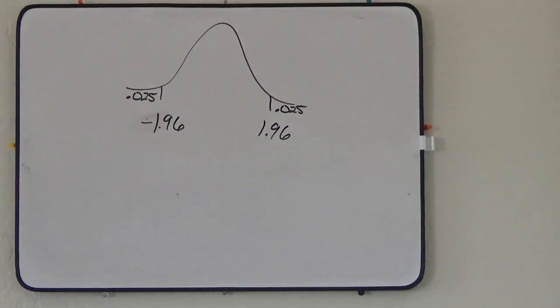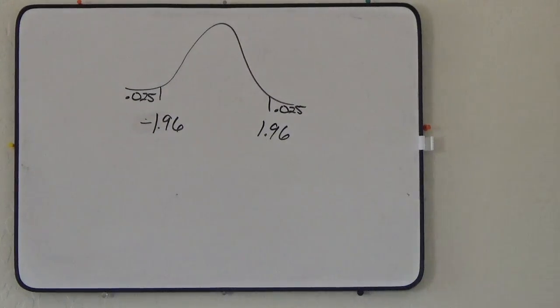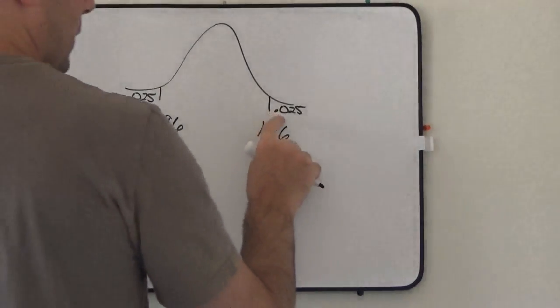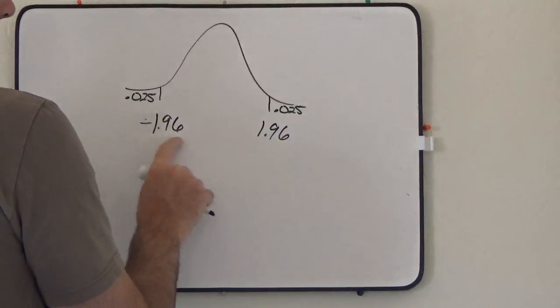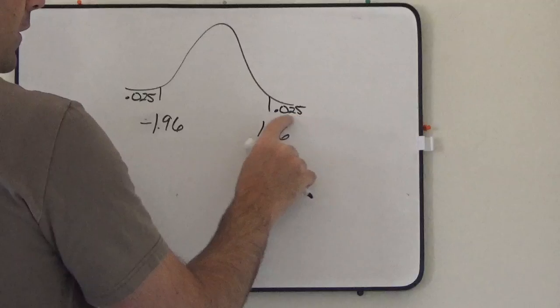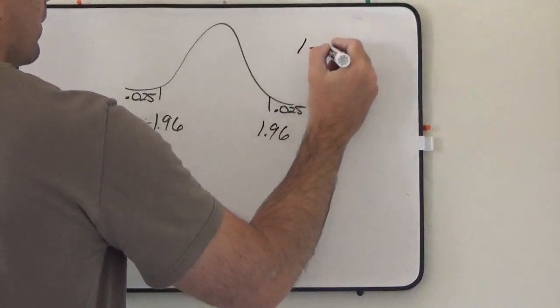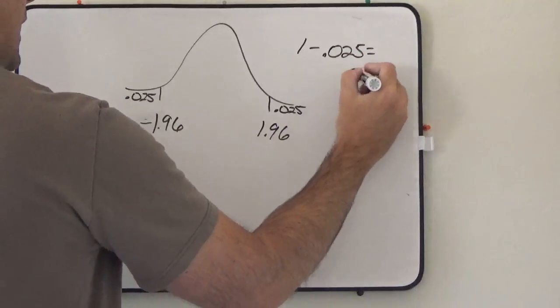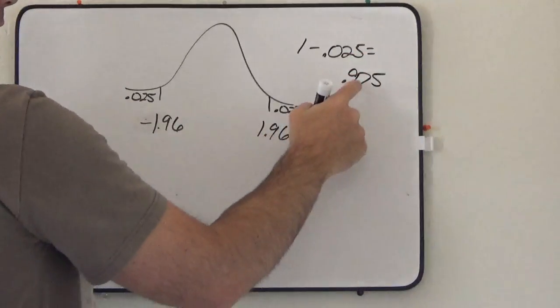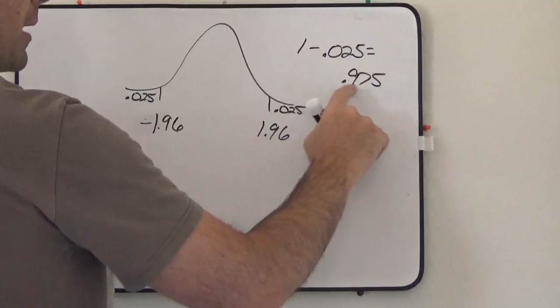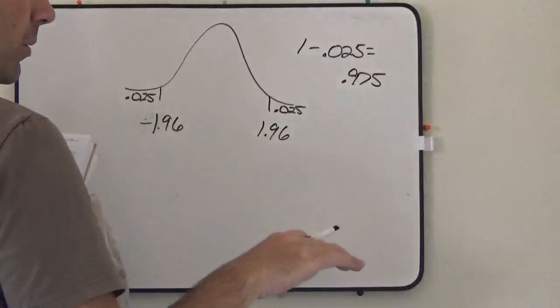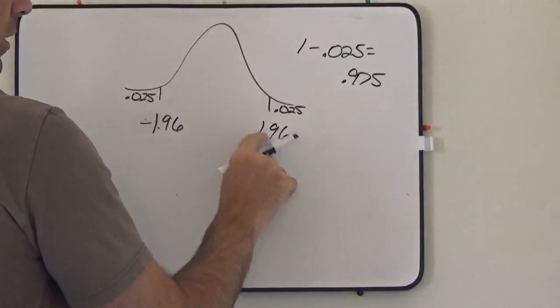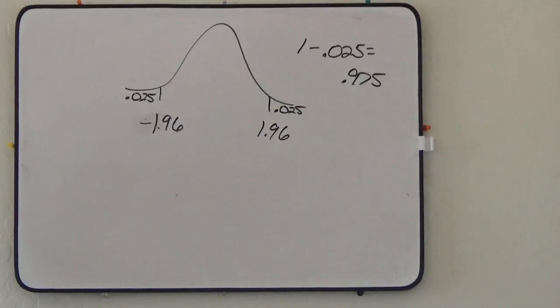Now guys, just so you know how I found this top z-score, I'm not looking for 0.025 because 0.025 gave me this answer. I'm looking for everything above this, so it would have been 1 minus 0.025, which gives 0.975. I would have been looking for 0.975 probability within the table to match it up with the z-score of 1.96 because it's everything greater than. That's the top 2.5%.